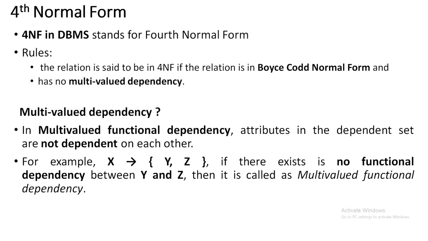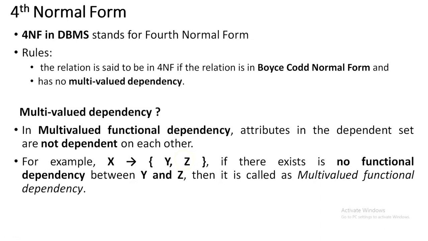Multi-valued dependency is, in this example, you can see Y and Z. If two or more attributes come under the flower bracket, that means this is a subset. So the subset of Y and Z put together is going to depend upon X. But in multi-valued dependency, both put together depend upon X, but Y and Z are not dependent upon each other.